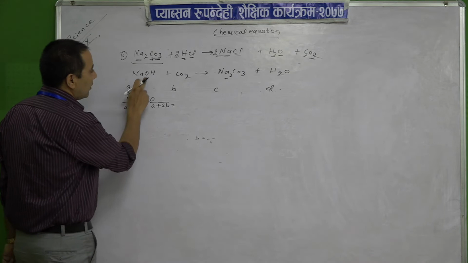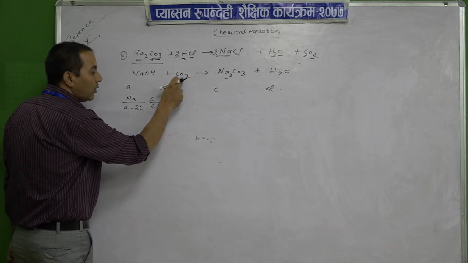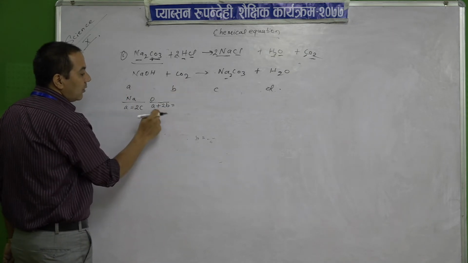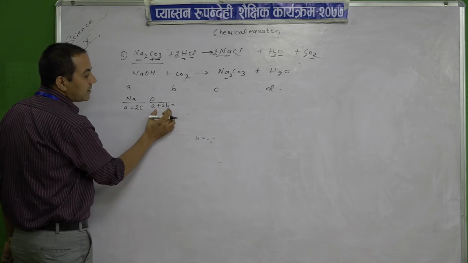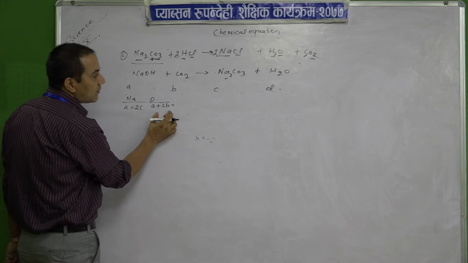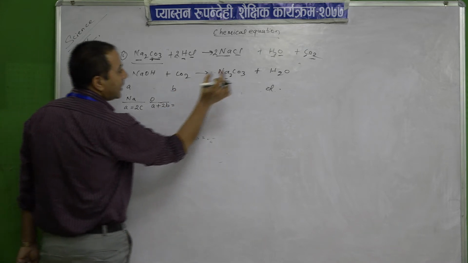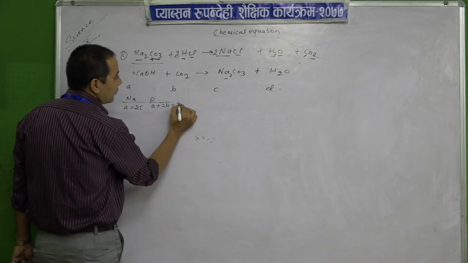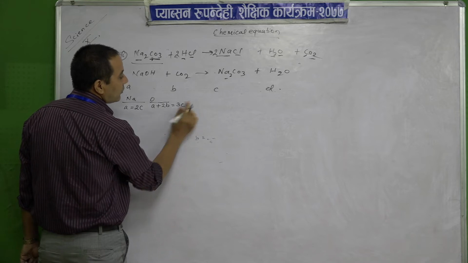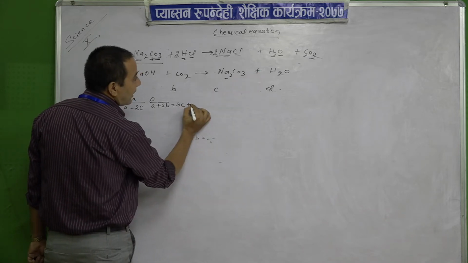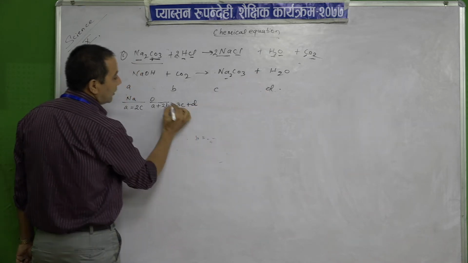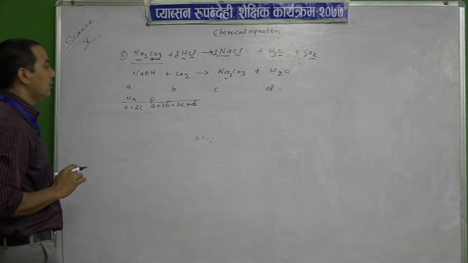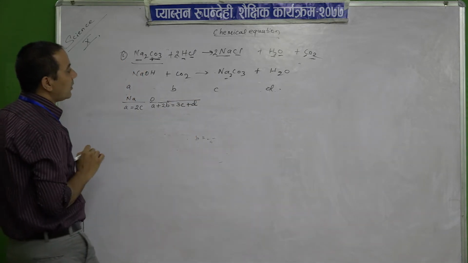Understand or not? So we write A plus 2B on the reactant side. Now we will see the product. In C 3 oxygen is there, so 3C, and 1 oxygen, that is D. Oxygen is this one.